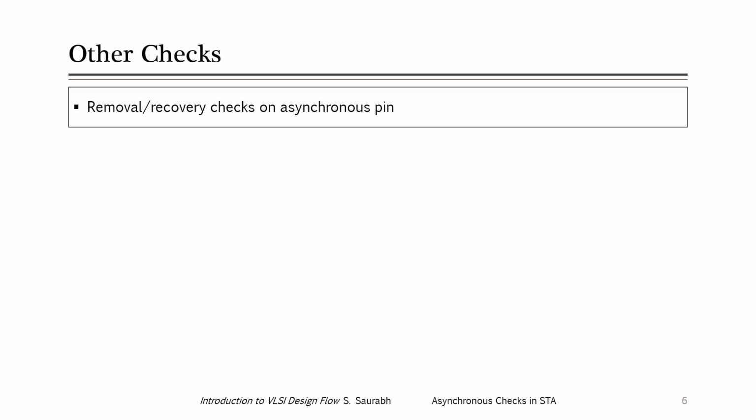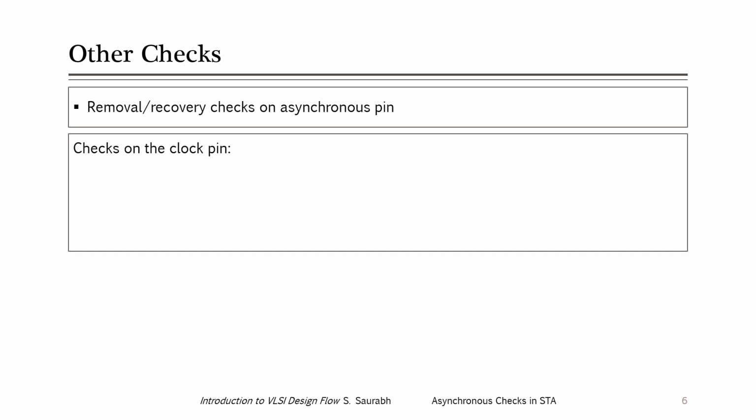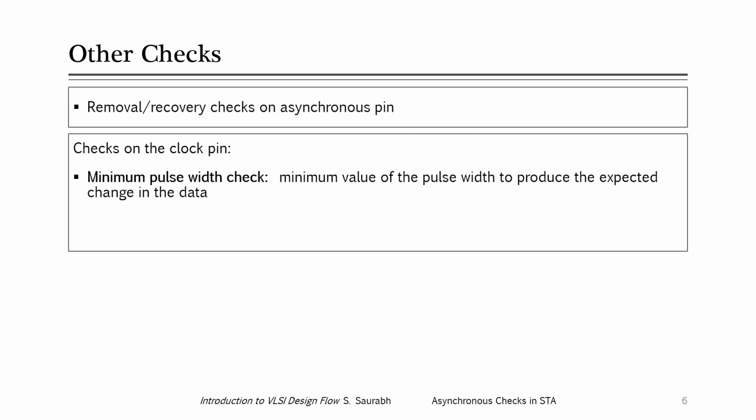Now there are some other checks besides the removal and recovery checks that we have discussed. There are some checks which are performed on the clock pin of the flip-flop. What are these checks? The first is related to the minimum pulse width. If my clock signal is like this, then the minimum pulse width check verifies that the pulse width of the clock signal should be greater than some minimum which is specified in the library for the clock pin.